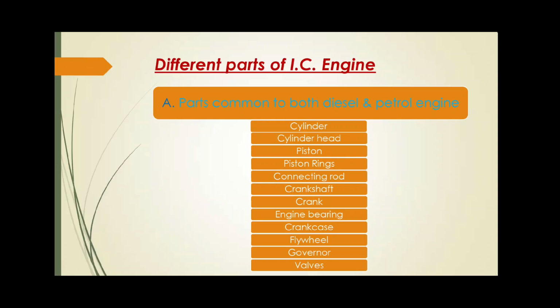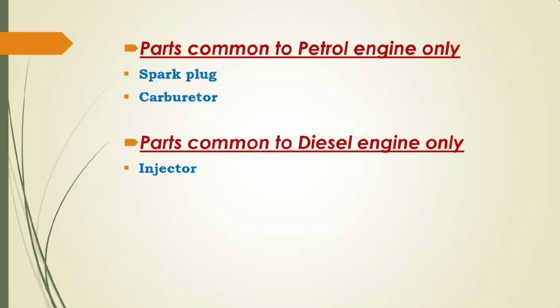Now we are going to see the construction and important parts of IC engines. Cylinder head, piston rings, connecting rod, crankshaft, crank, engine bearings, crankcase, flywheel, governor and valves. These are the important parts of an IC engine. Parts common to petrol engines are spark plug and carburetor.